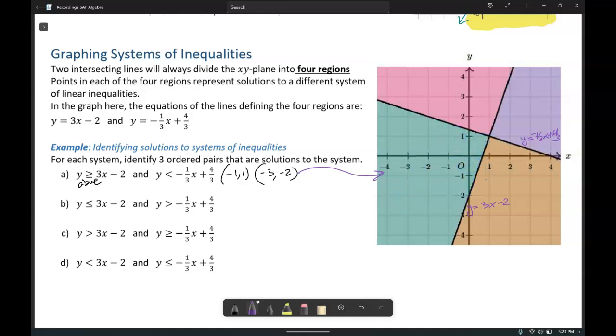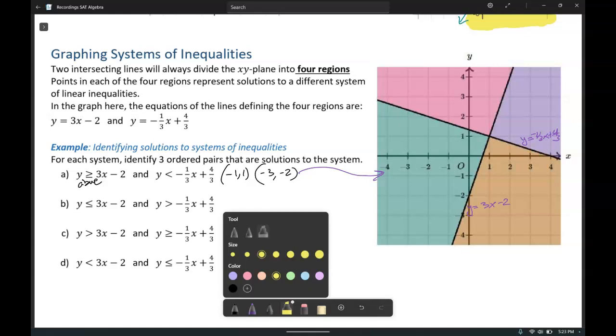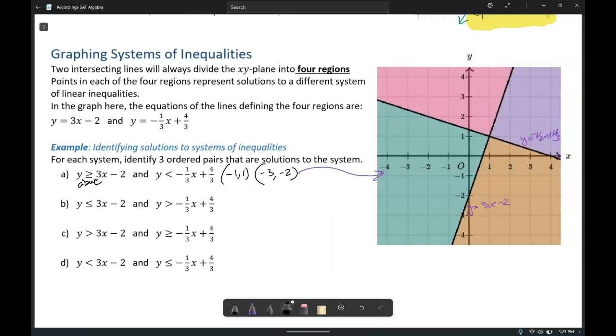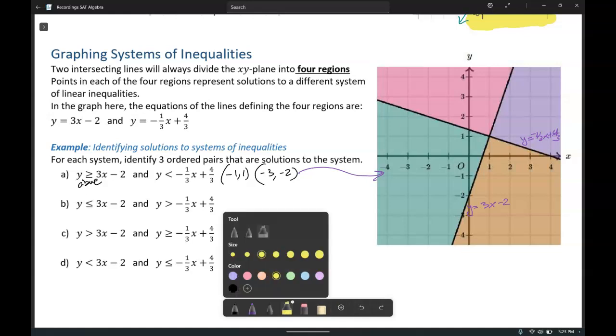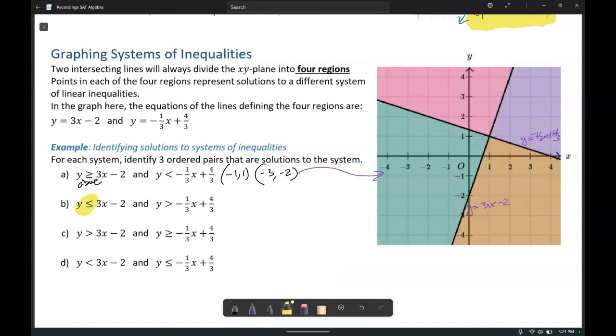For the next one, we're looking at anything below the line with 3x minus 2, so anything below the line in this region.